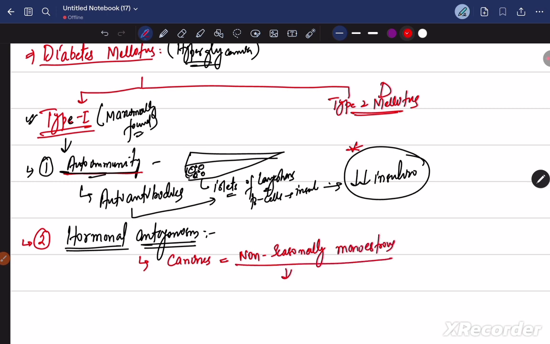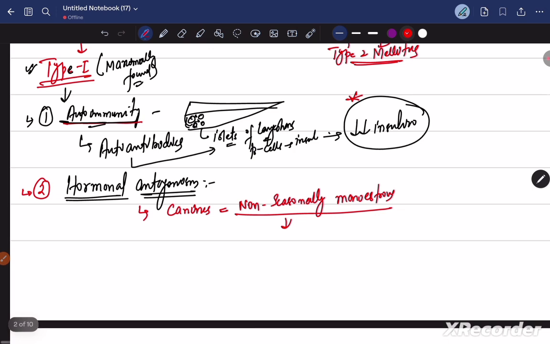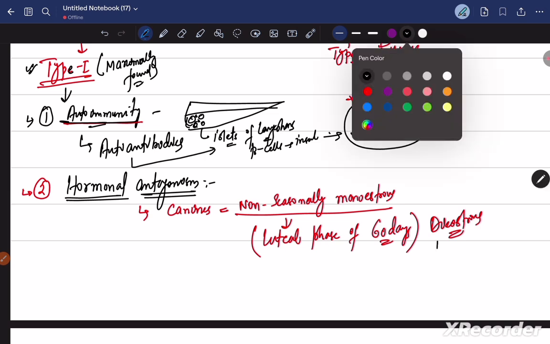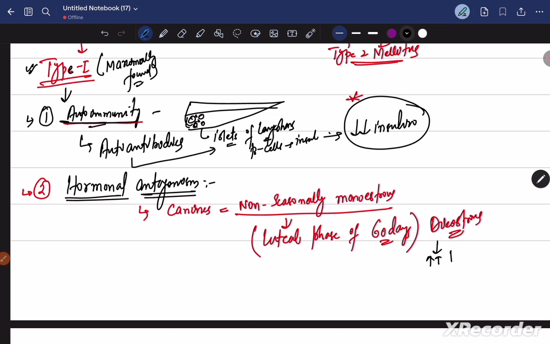It means that in canines there is a luteal phase of 60 days, that is, a period of diestrus. There is a diestrus of 60 days in canines, and during this diestrus there is increased production of progesterone.